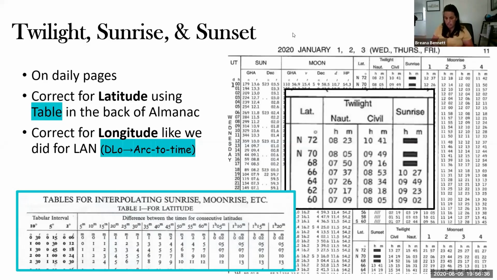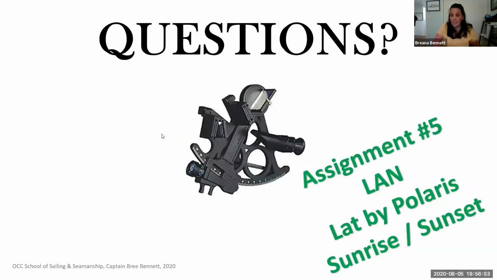So we do our DLO arc to time correction for longitude. So we have the latitude table for latitude, and then the longitude will do DLO arc to time. And that's finally it. That's our new information for today. How you guys feeling?